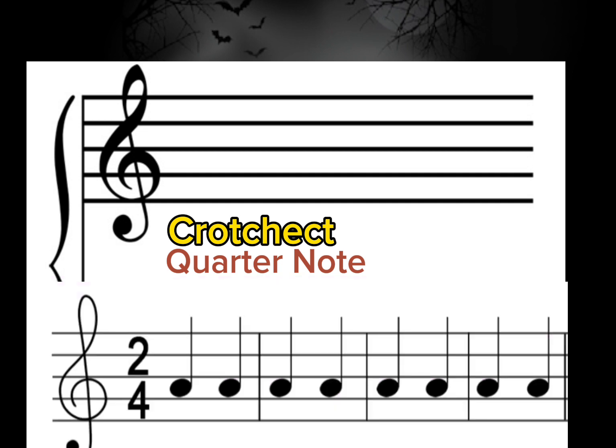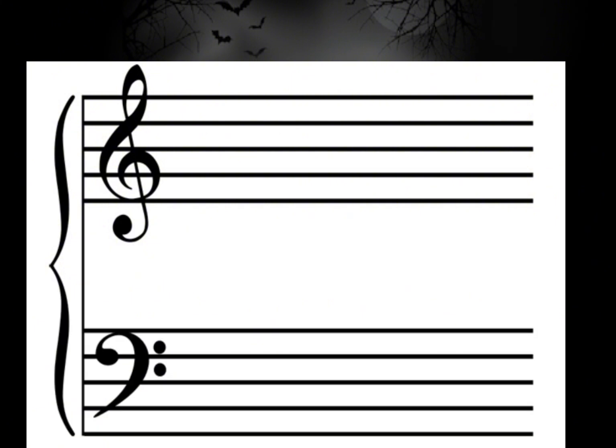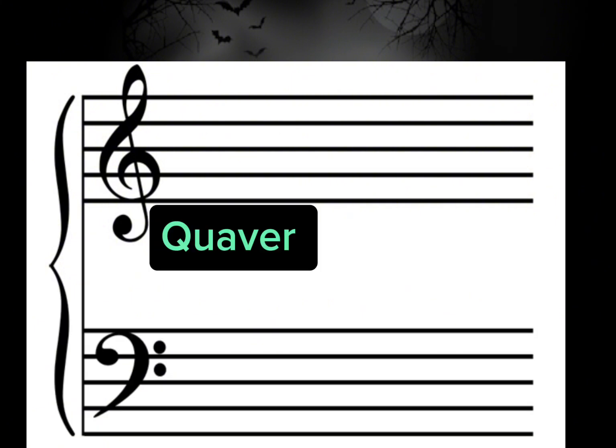Another one we have is the quaver. So what is a quaver? A quaver is just like the other crotchet, but it has one tail. It is just like the eighth note in American style.